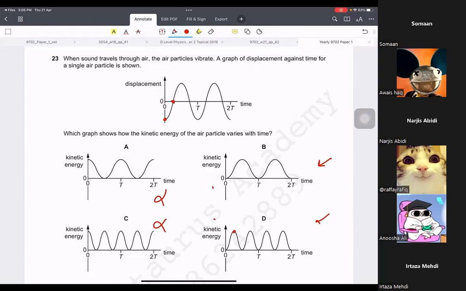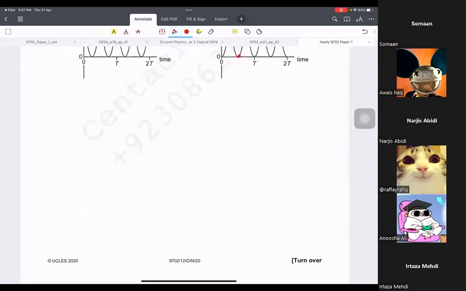Right. And when the displacement is maximum again, it is 0. Oh, this is wrong, because it's not even time t and it's 0 again. So it will be 2 times maximum when t comes, and at t it should be 0. D has to be the right answer. Okay, so that's pretty simple.